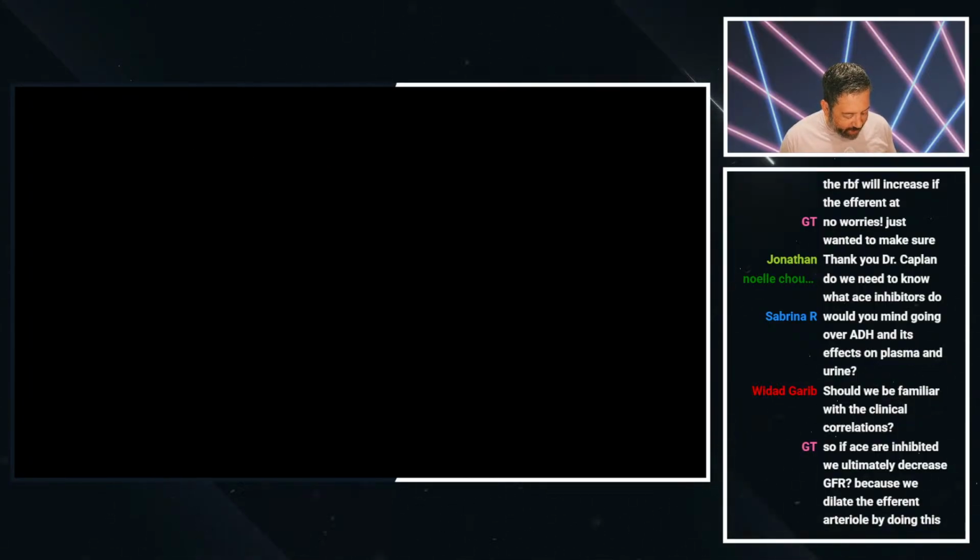On the opposite side of things, let's say now we have water excess. Okay, with water excess, now we have too much water, we're going to dilute the solutes.